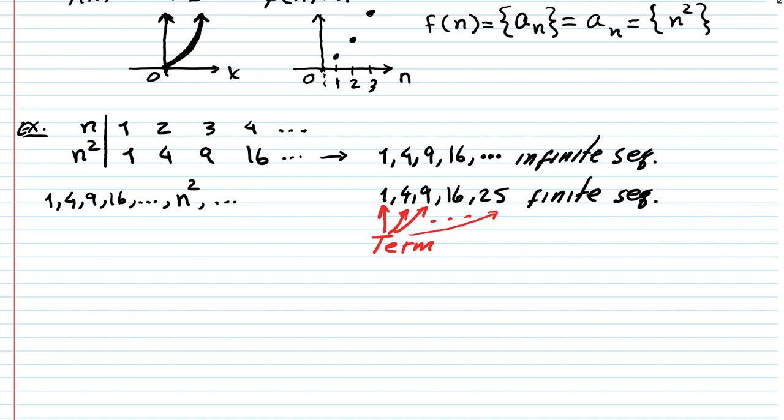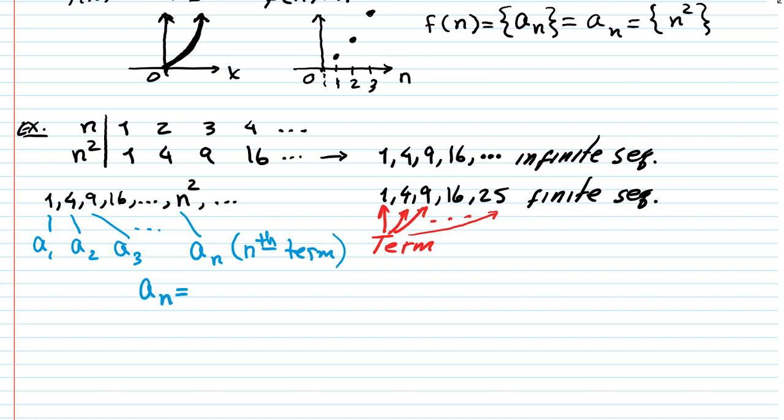Now, the first term of a sequence is a subscript 1, the second one a subscript 2, the third a subscript 3, and so on. The one that represents the formula for the sequence, we call that the nth term. The nth term is just the general formula for the sequence.